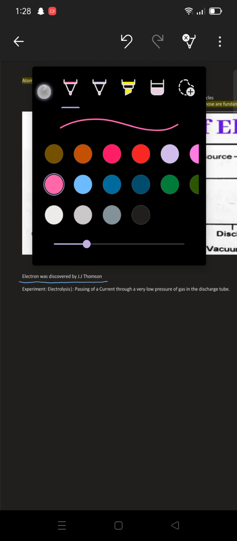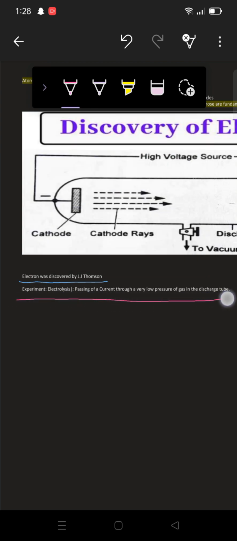So this is the experiment he did for discovering the electron, right? Let me highlight this too. Now what instrument did he use to discover the electron?